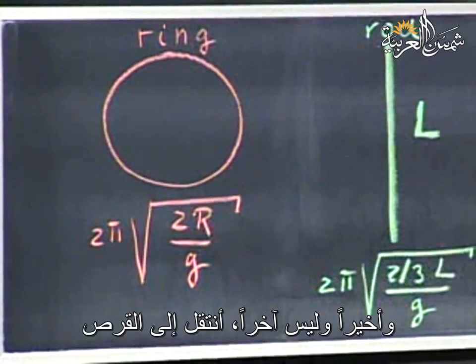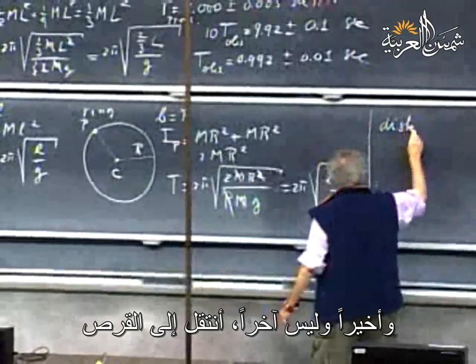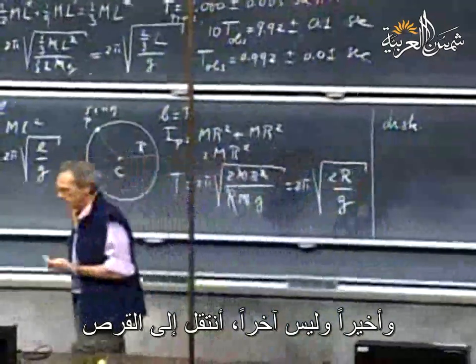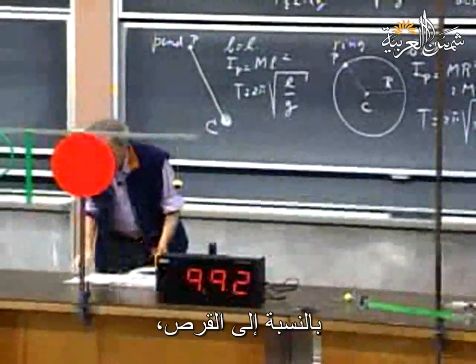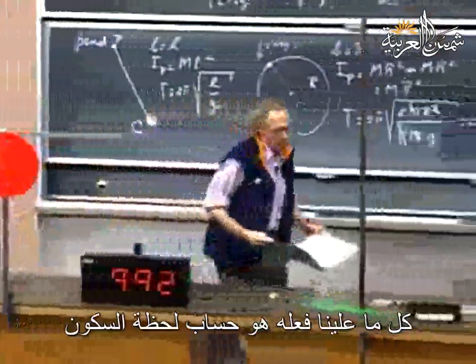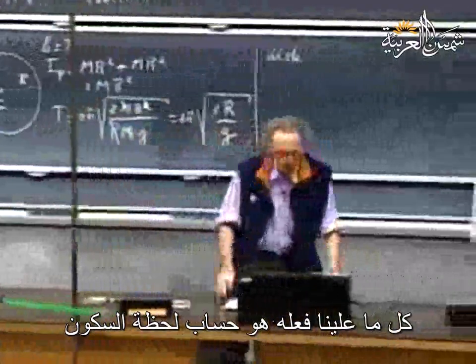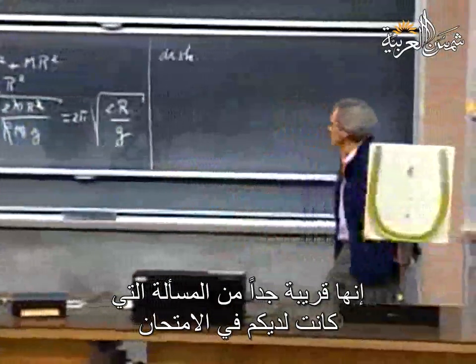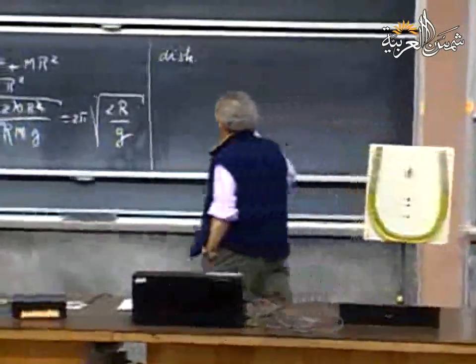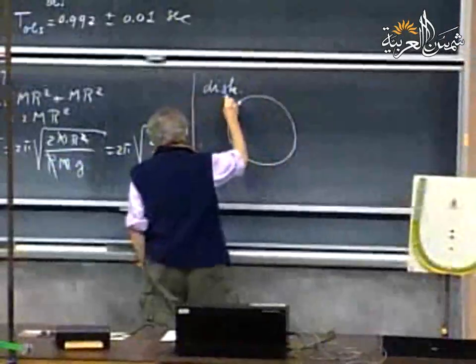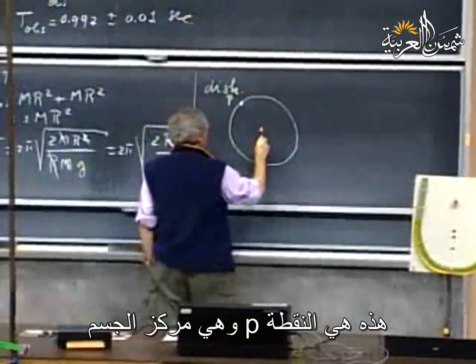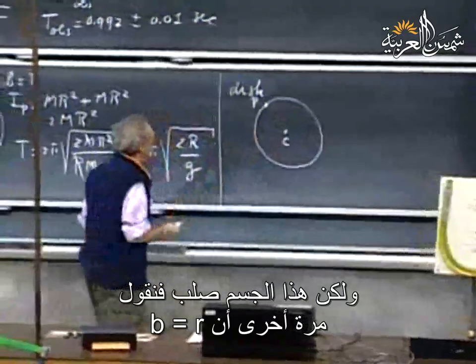And I now would like to do the disk, last but not least. For the disk, all we have to do now is calculate the moment of inertia. This was very close to the problem you had on the exam. So here you have the disk, solid disk. This is point P, this is the center of mass, but now it's solid.